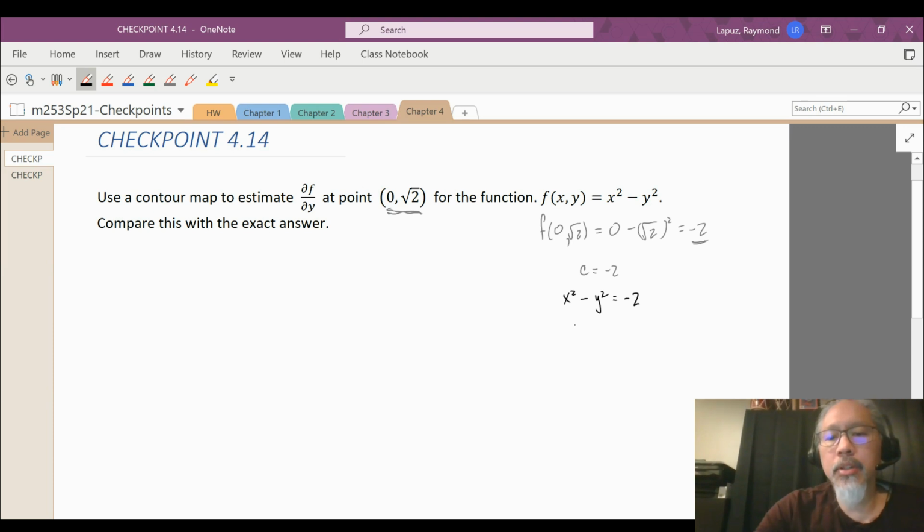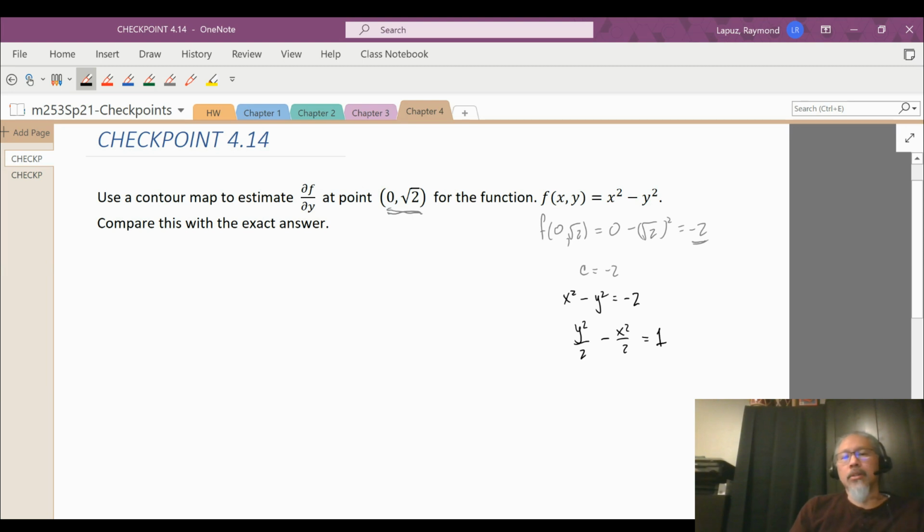Just for convenience, let me write y squared over 2 minus x squared over 2 is equal to 1. Now the signs are opposite from each other. This is going to be a hyperbola, and y is the one that's positive, so it's a hyperbola opening upward and downward, and I think that's going to be the graph.